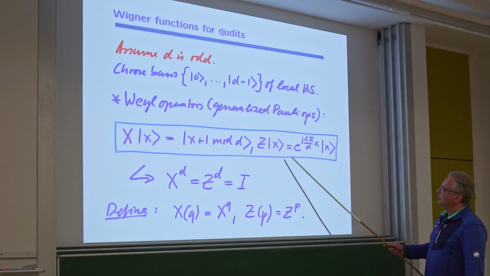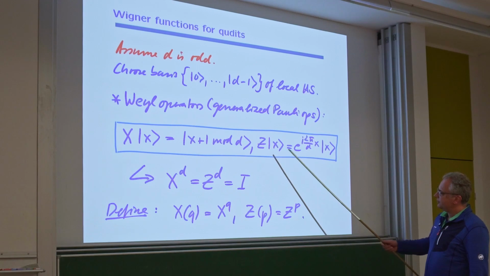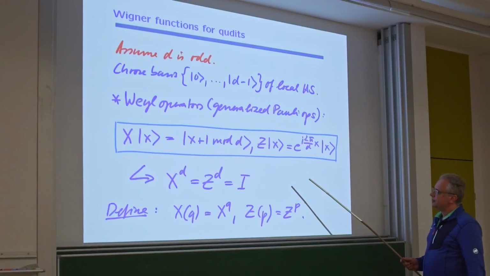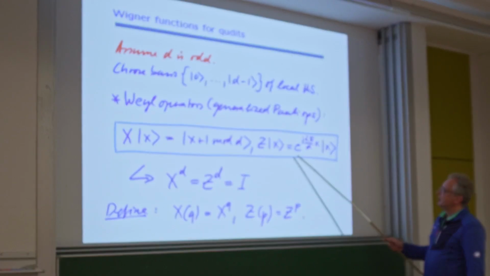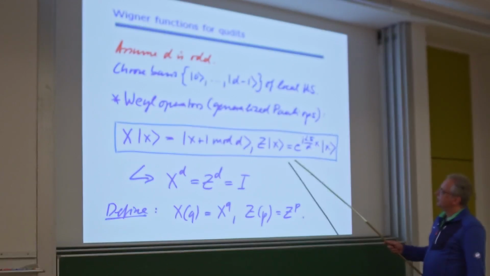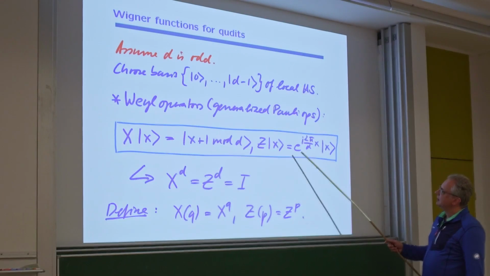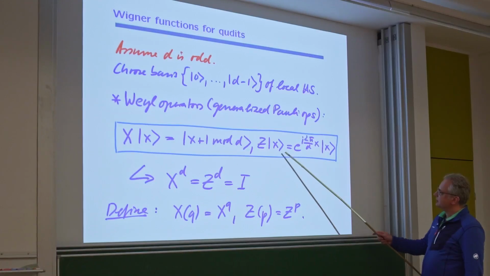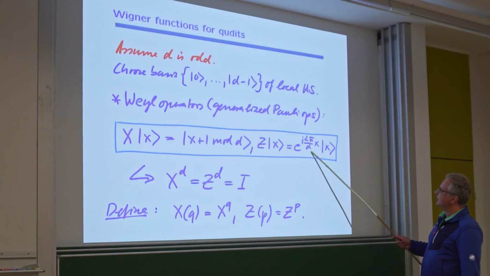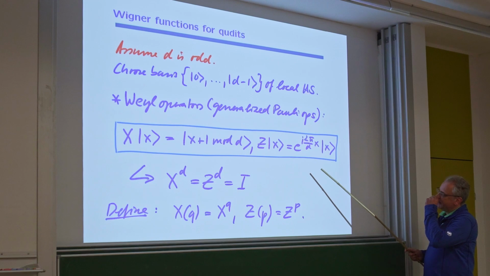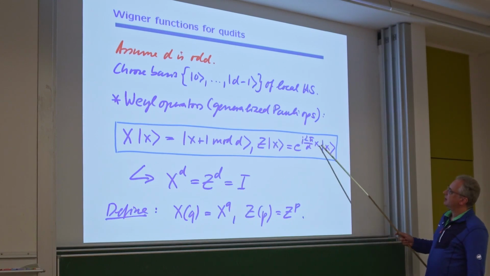Okay, and then you have a counterpart to the phase flip. And so what the phase flip does is it gets you a phase factor. So the state remains the same, but you're getting a phase factor, and that phase depends on where you were.